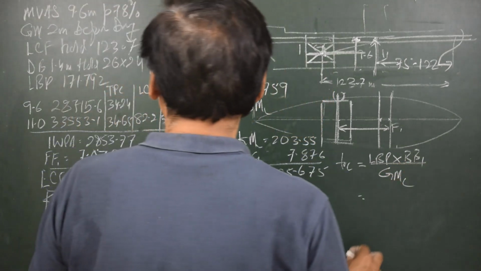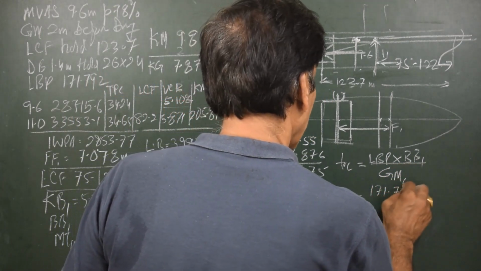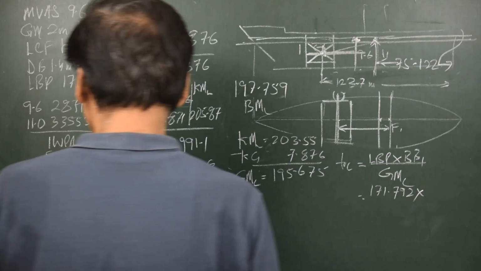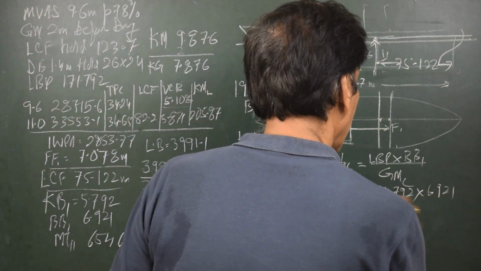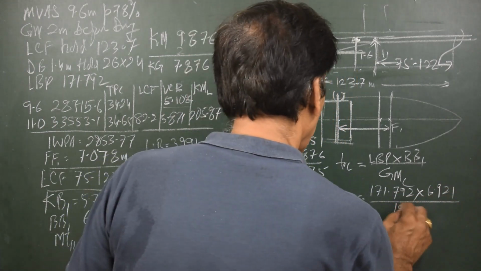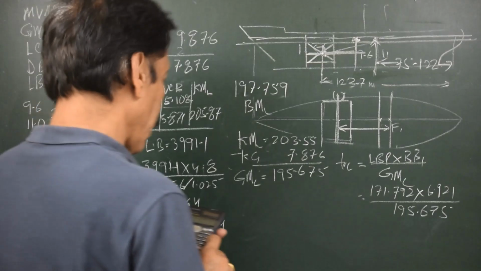LBP is 171.792, and BB1 is 6.921, divided by GML, that is 195.675.